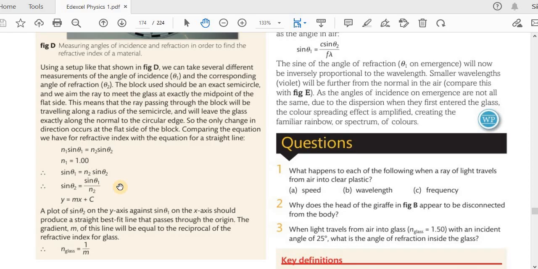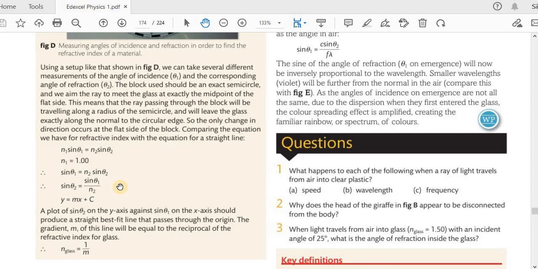theta 1 is the independent variable. Okay, theta 2 is the dependent variable. Theta 2 depends on theta 1. When theta 1 increases, theta 2 increases.